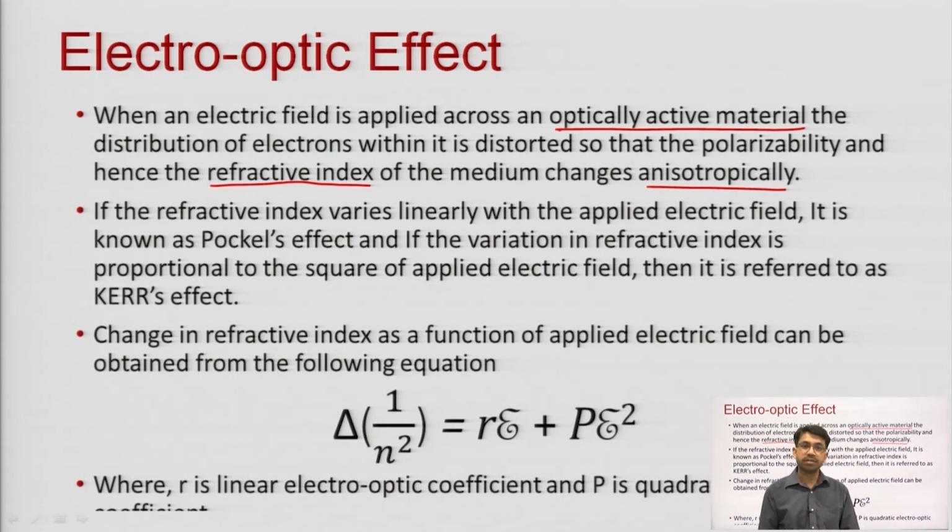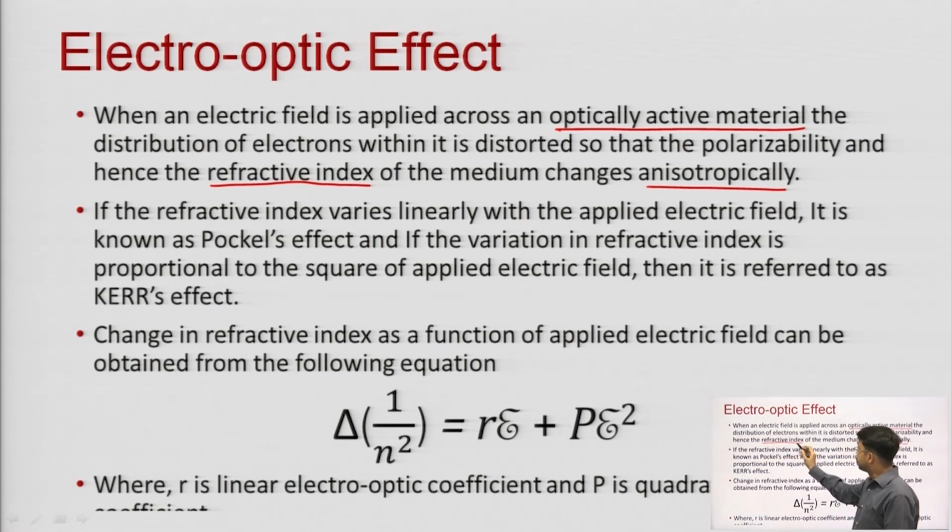Now, in this case, if we pass a plane polarized light through this material placed across an electric field, its refractive index changes. So, the angle by which the vibration rotates also changes, and this change depends on the applied electric field.